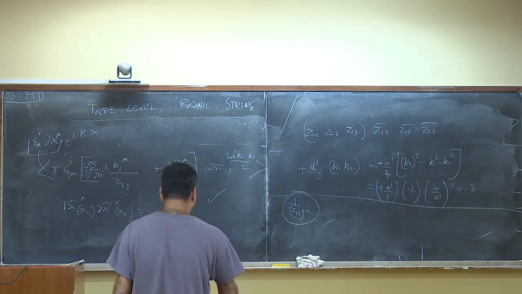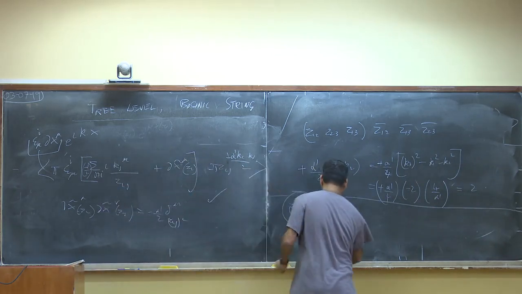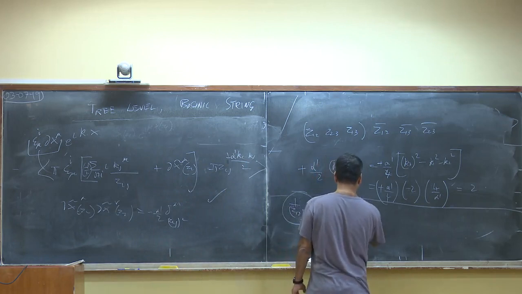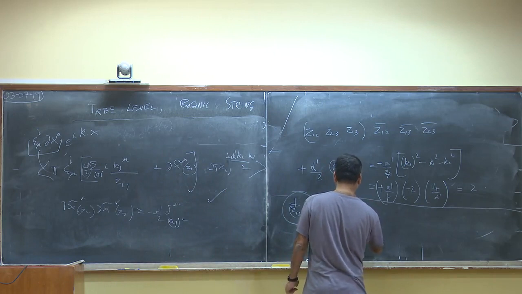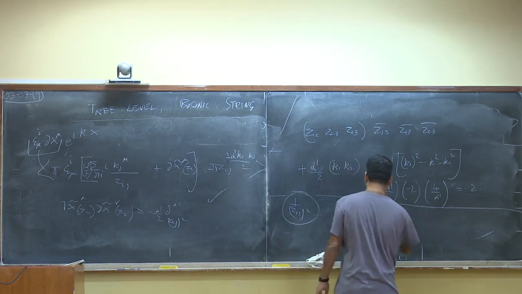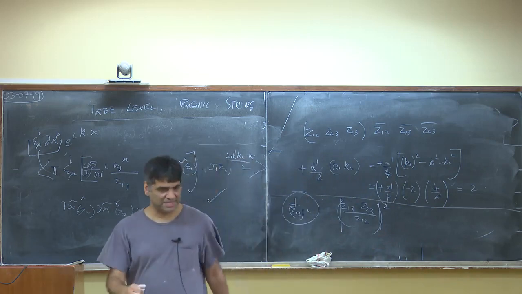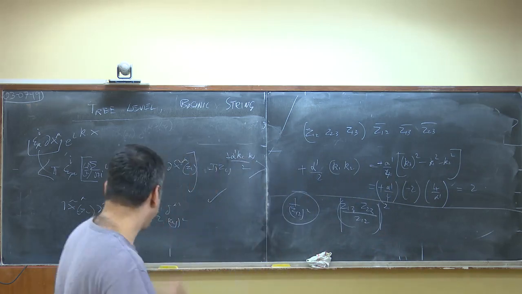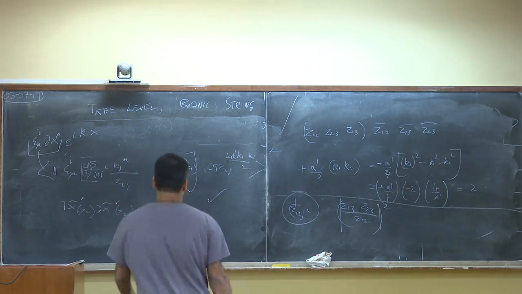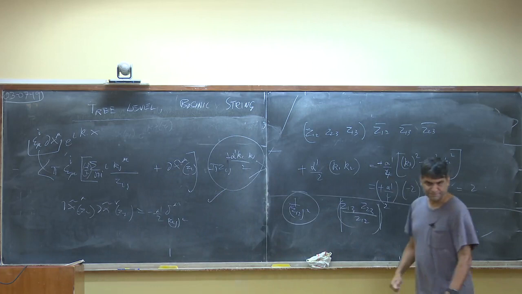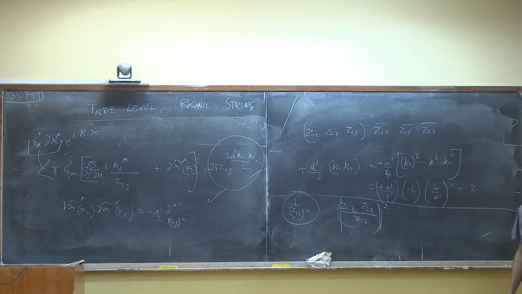So now what's left over here is z13, z23 over z12, and similarly with the bars. This is left over from the c ghosts and this part. Is this clear?